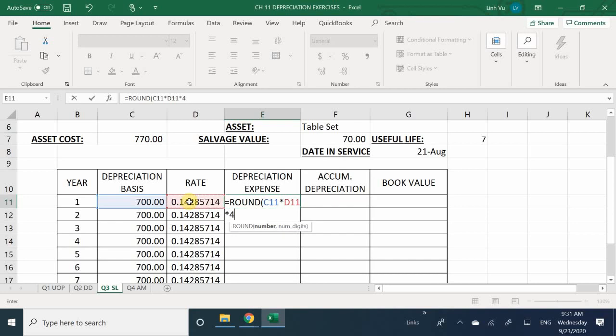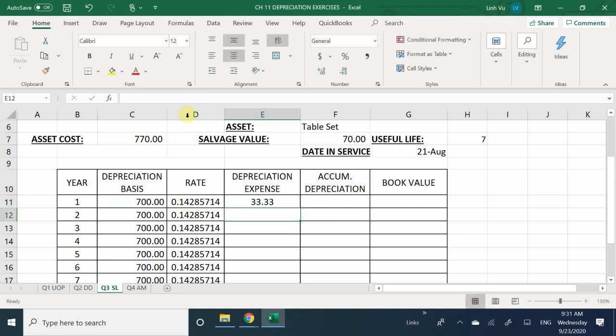So we got to multiply by 4 and then divide by 12, comma 2, because I want 2 decimal places. Boom. And what did I get? 33.33. That's for the 4 months. For the first 4 months, it's going to be $333.33. I mean, sorry, $33.33.